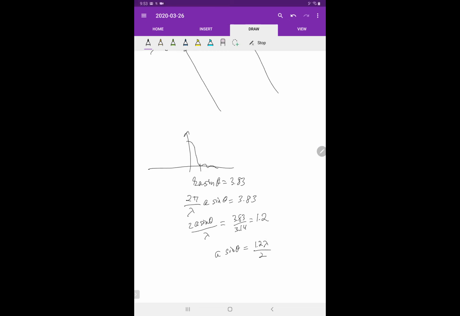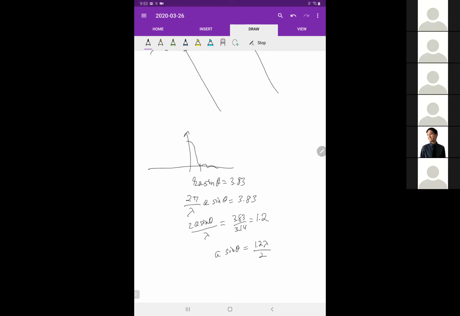I think where the 2 went is, I did that to a over 2. All right, so I think it should be Ka over 2 sine theta. You're right, because R is A over 2 and it was K dot R.